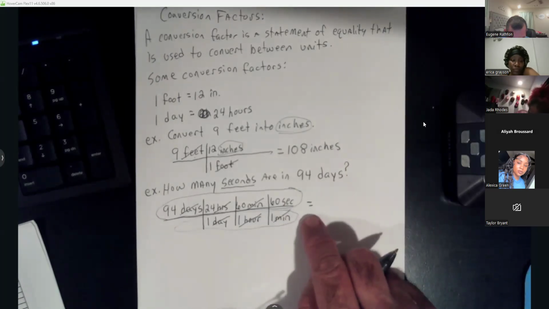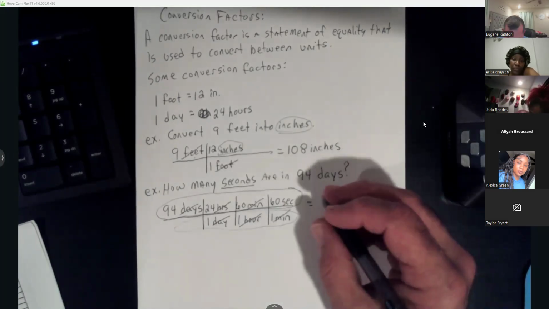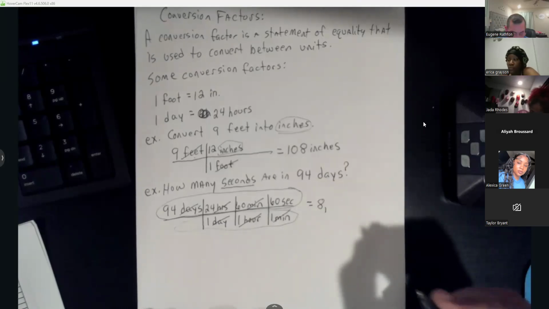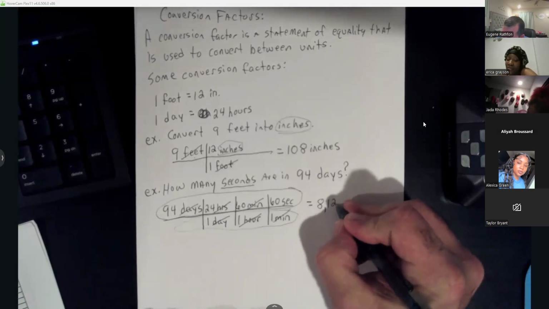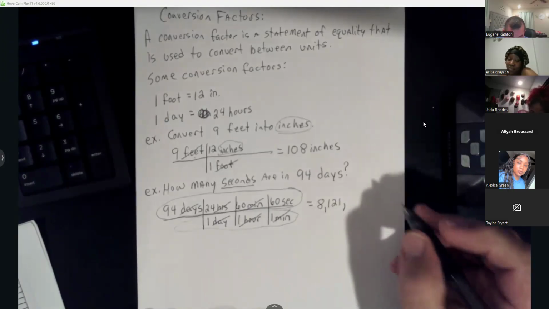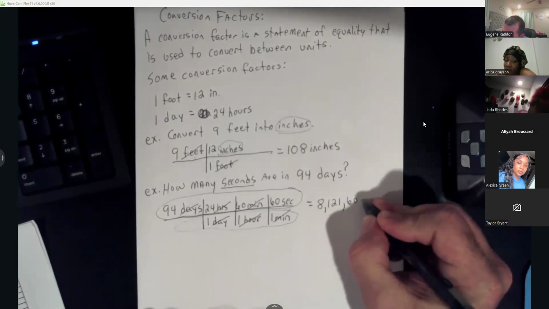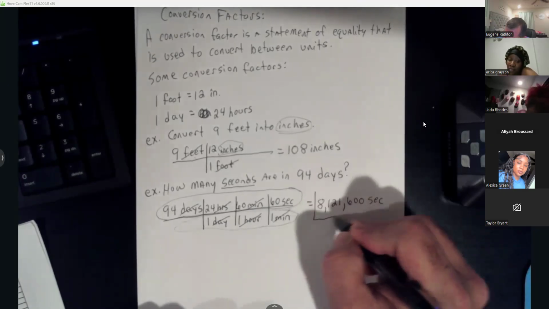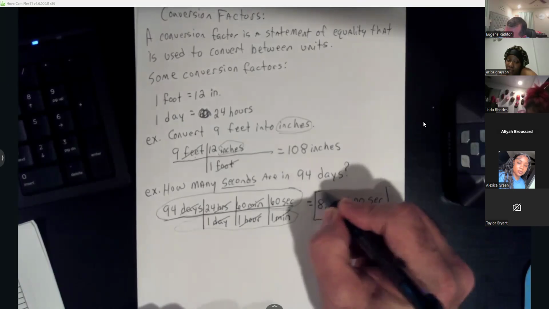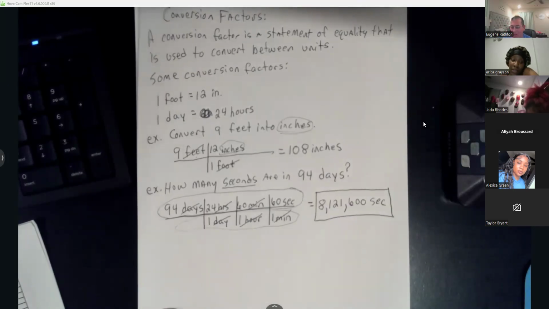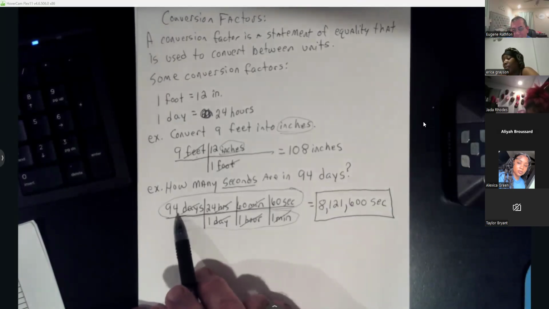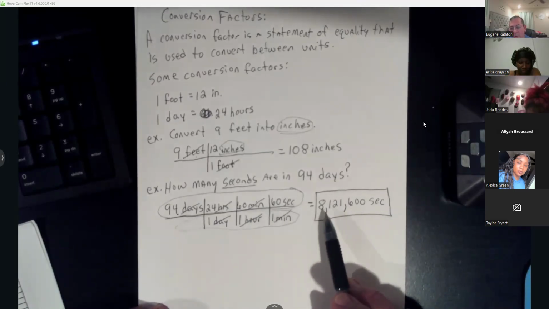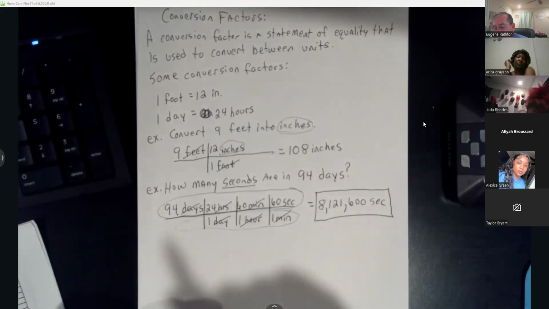I did this on my calculator, so if y'all are punching this in, y'all should be getting 8,121,600 seconds. Final answer. So I guess 94 days, that's about 3 months. So in 3 months, we went through over 8 million seconds.